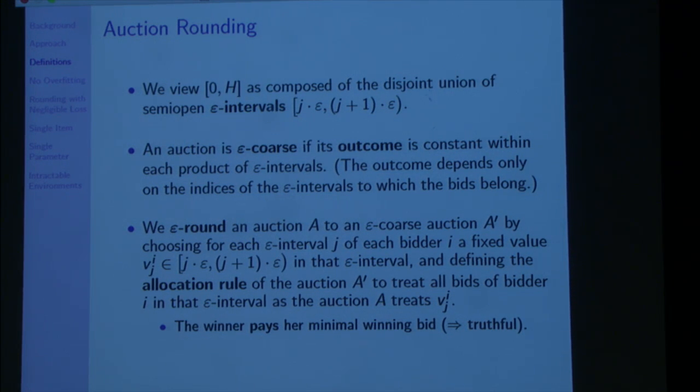Since we have defined the allocation rule of A prime that says given bids, who gets the clicker, we can ask given Avishai's bid, what is the minimum bid of Mark that would get him the clicker? That's well defined since we know for each pair of bids who gets the clicker. So there is a minimal bid, an infimal bid, if you wish, of Mark that would get him the clicker. That's his payment.